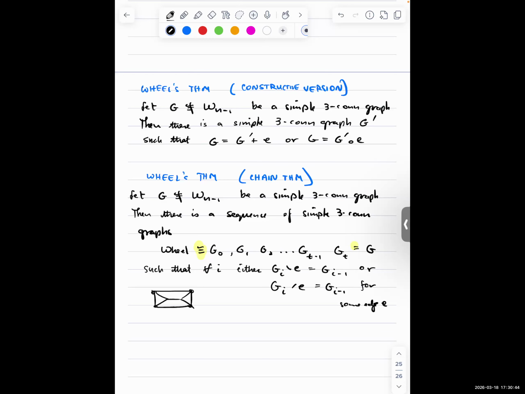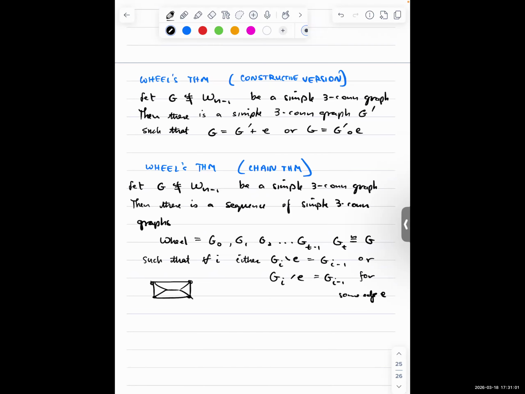And the difference is now you start with a wheel and you can grow it, but you may get something isomorphic to G, not necessarily exactly the G that you started with, such that for every I, GI plus E is equal to GI plus 1, or GI dot E equals GI plus 1.